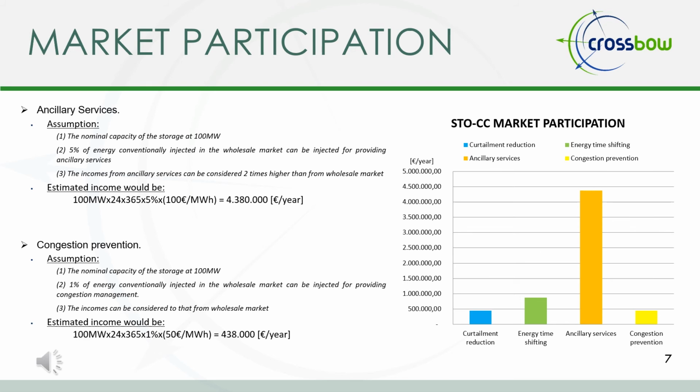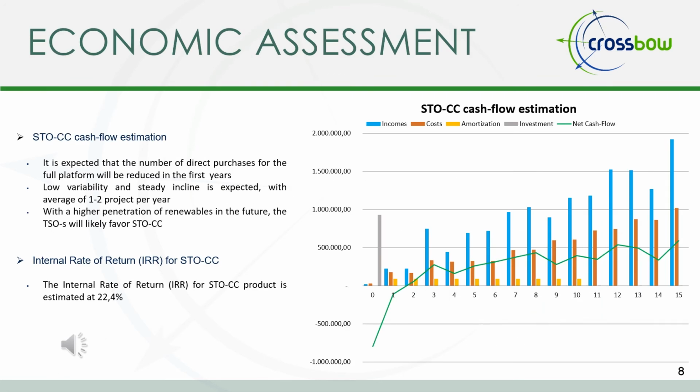So once again, considering assumptions 1 to 3, we estimate an income from congestion prevention at around 438,000 euros per year. In the bar chart on the right-hand side of the slide, we can see the ancillary service and congestion prevention presented graphically in the colors orange and yellow.